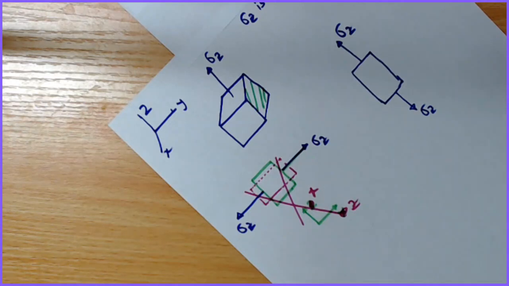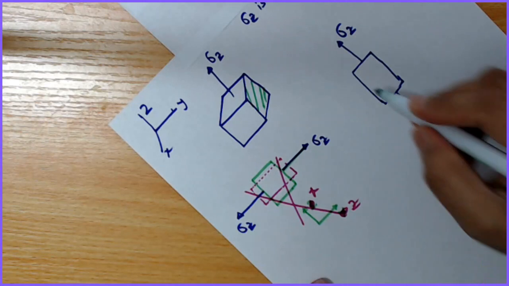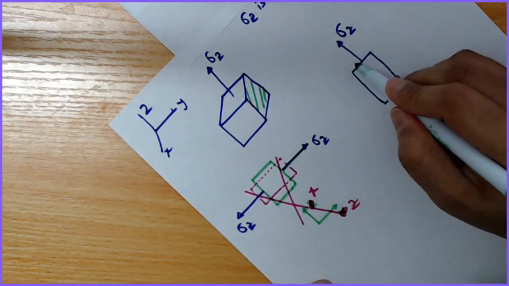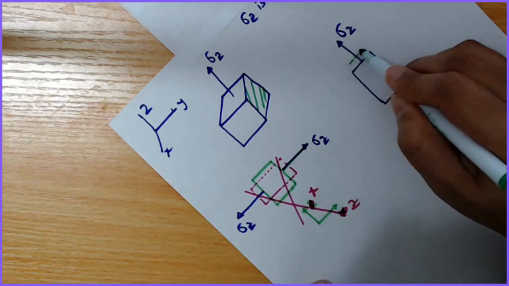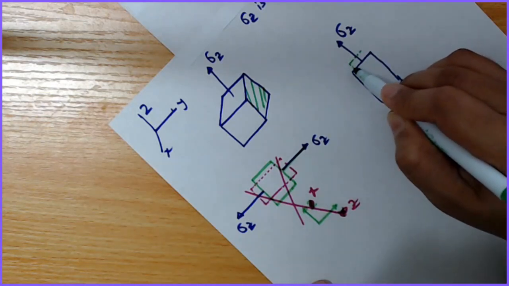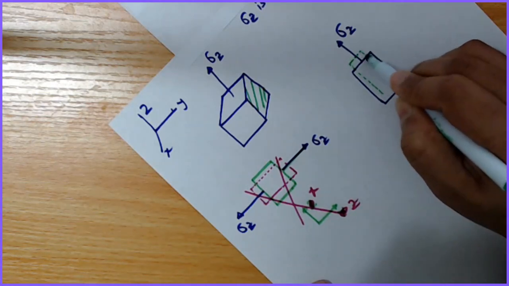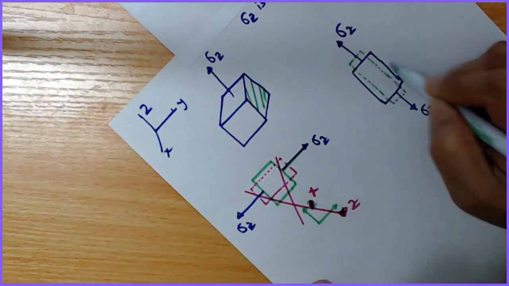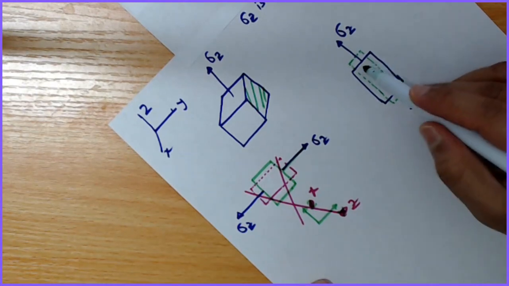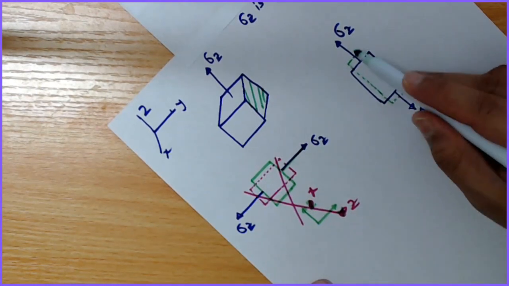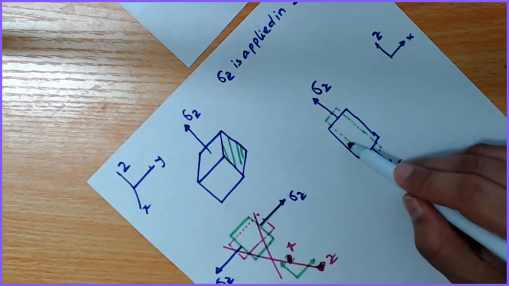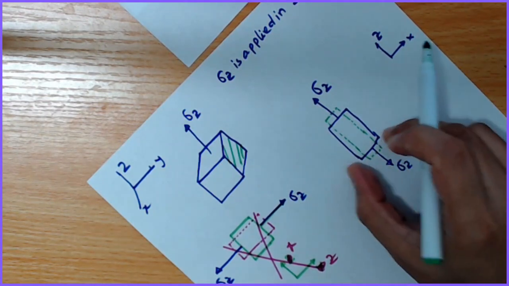So what happens when I pull this element is it is going to be elongated in z direction, but it contracts in x direction.